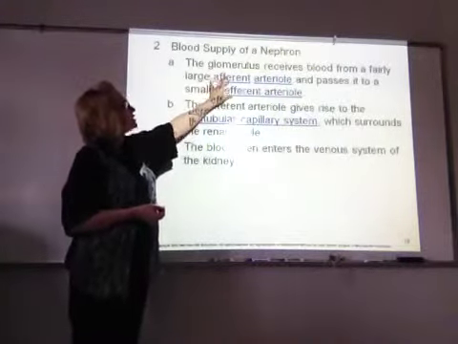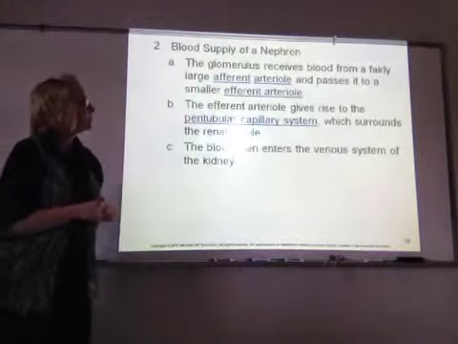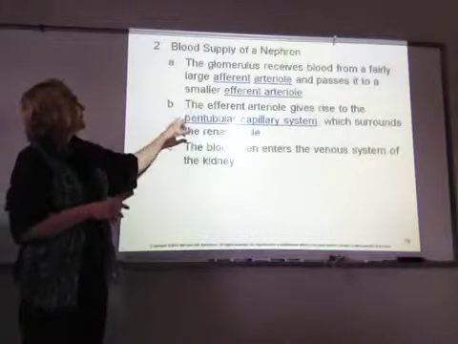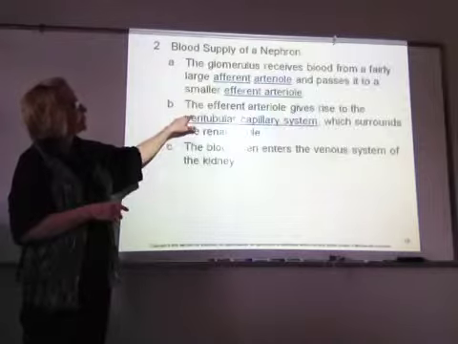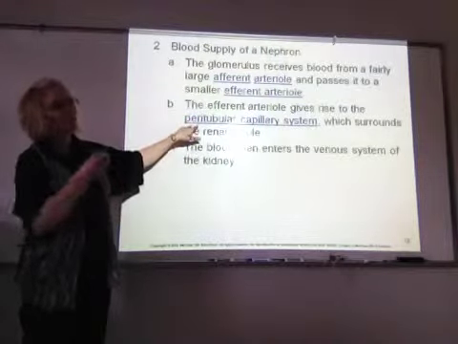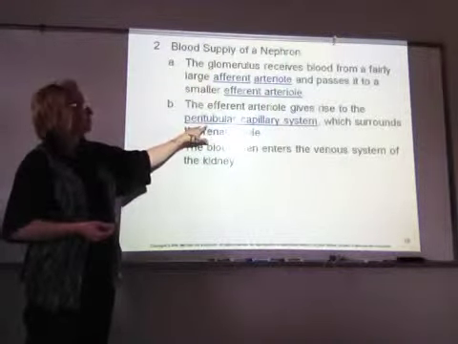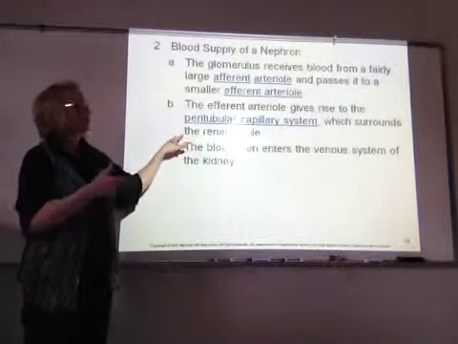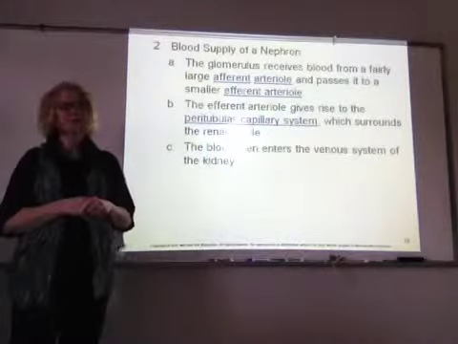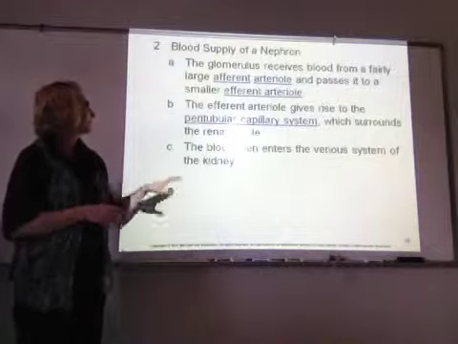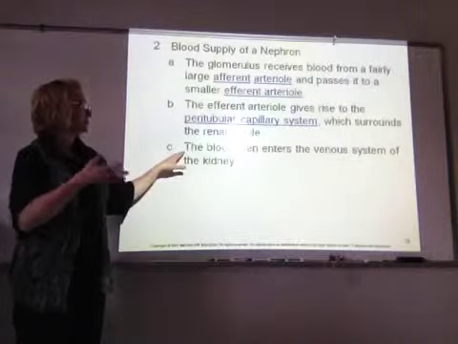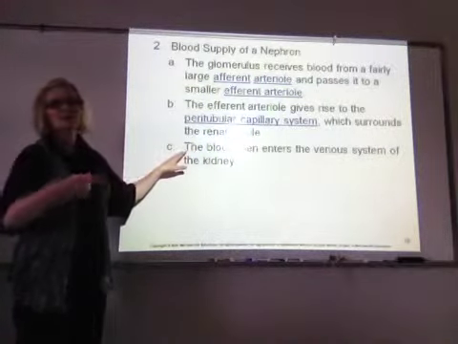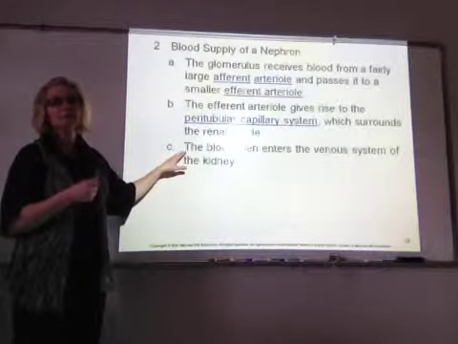So these actually supply blood to your nephrons. The efferent arteriole gives rise to the peritubular capillary system, which is going to surround the entire renal tubule. And then the blood enters the venous system of the kidney and will eventually leave through the renal vein.